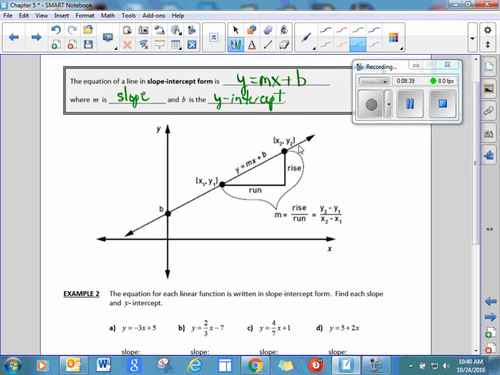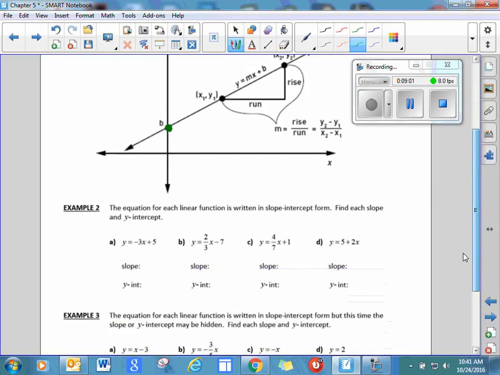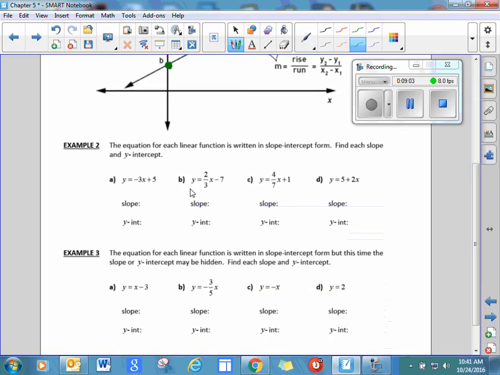And then it also shows you the b for the y-intercept. This guy right here is where this graph takes a hold of the y-axis, and we call it b. So when you're writing an equation of a line in slope-intercept form, you have a slope and you have a y-intercept. Let's do some.